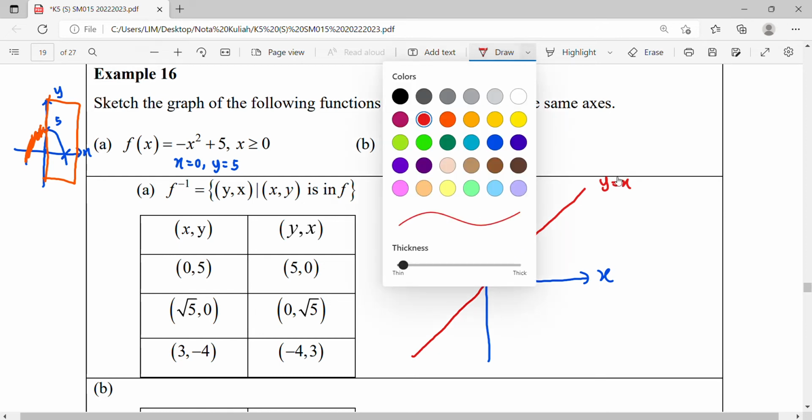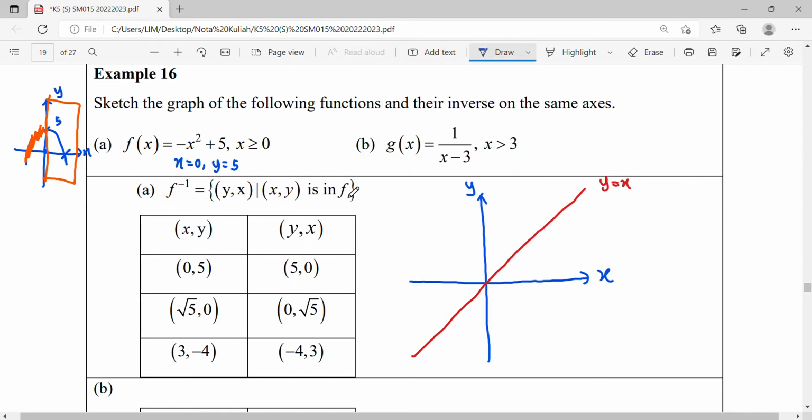Now I go back to my graph. The graph of the quadratic only shows on x greater than 0. So the quadratic graph is going to curve down. Maximum value is 5.